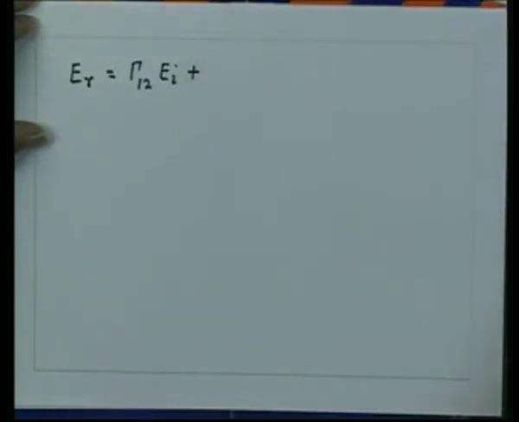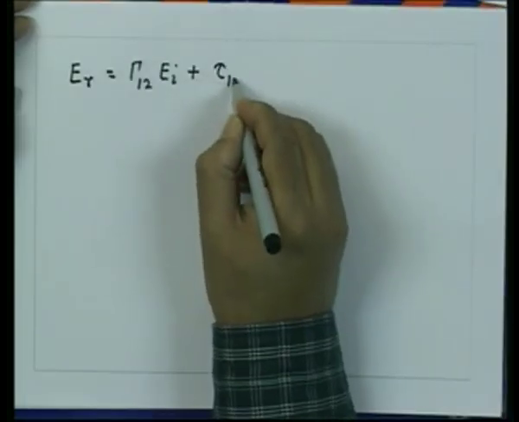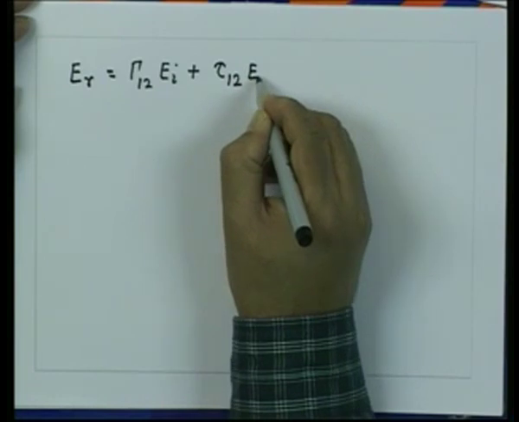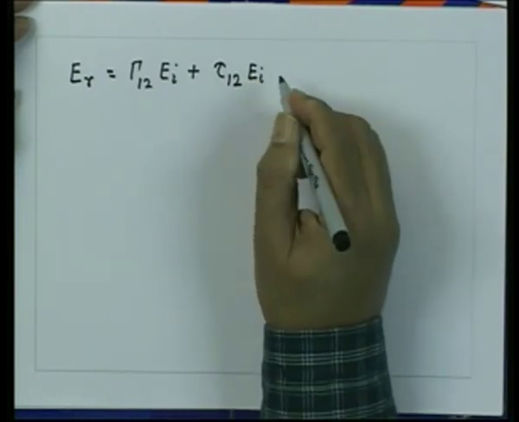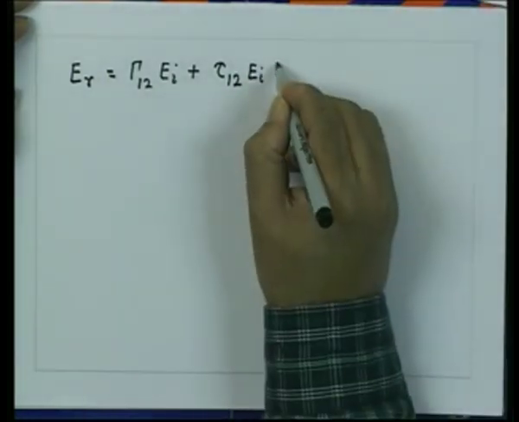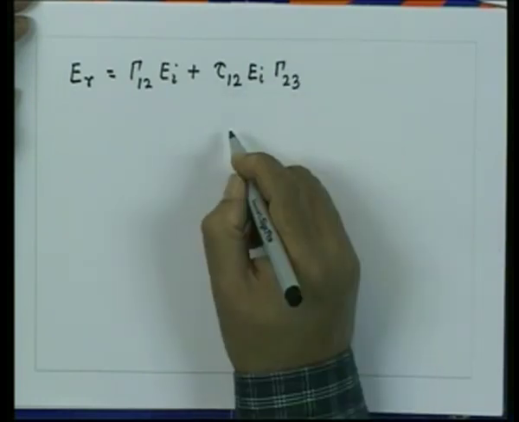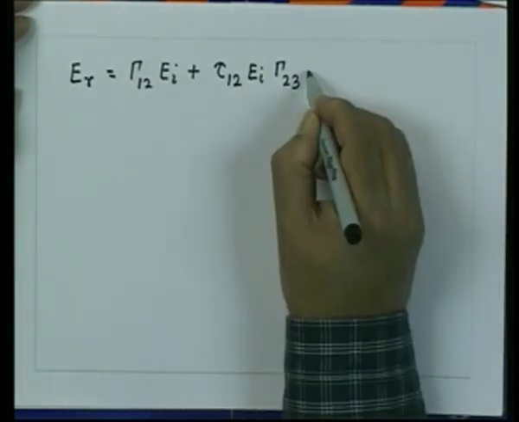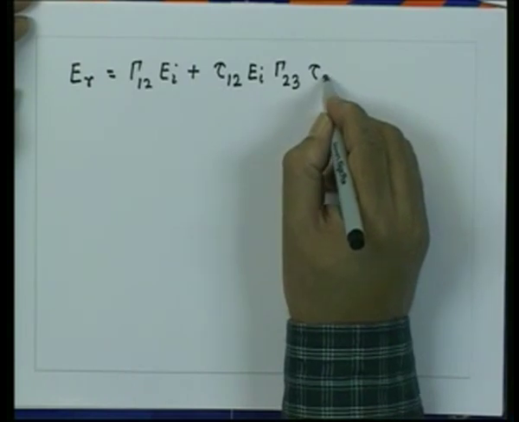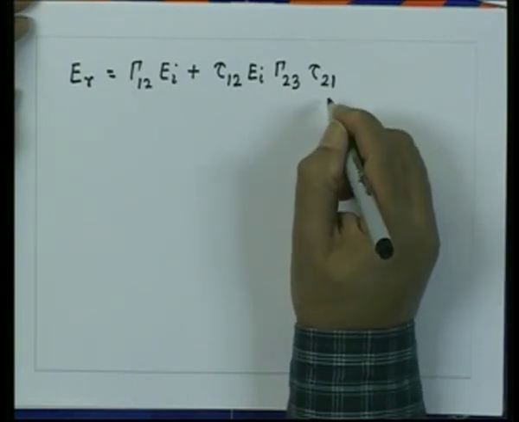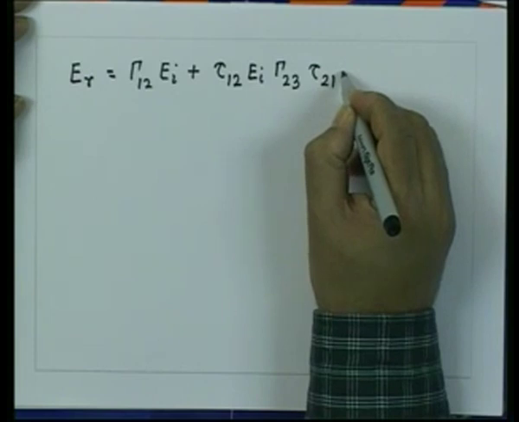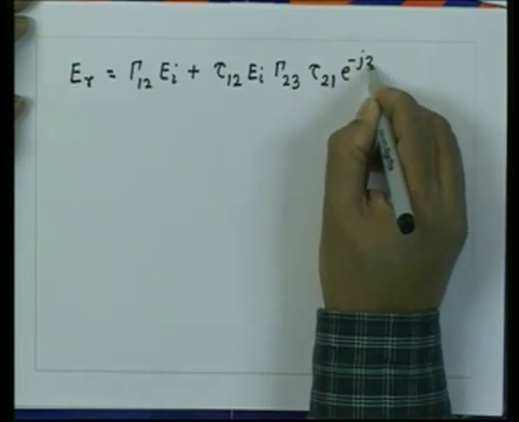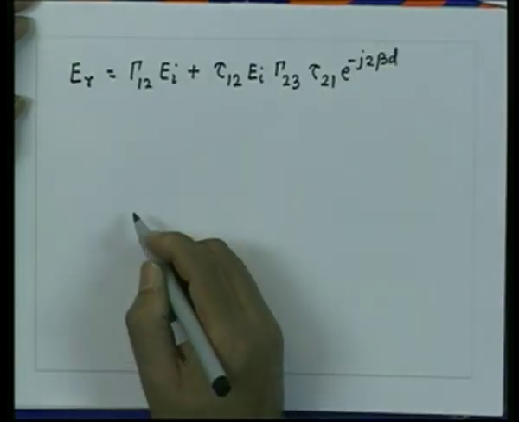So, you can write here tau 1 2 E I, gamma 2 3, tau 2 1, with a phase term now which is e to the power minus j 2 beta d.